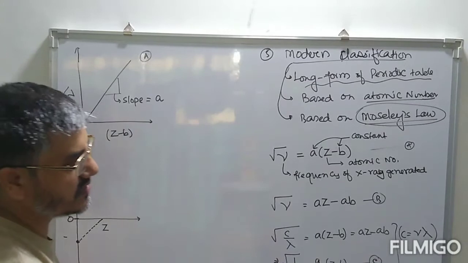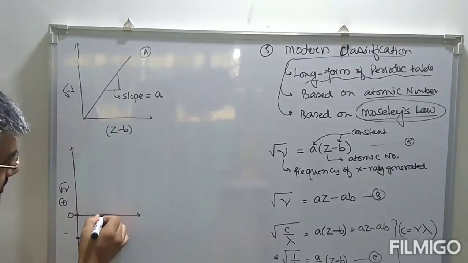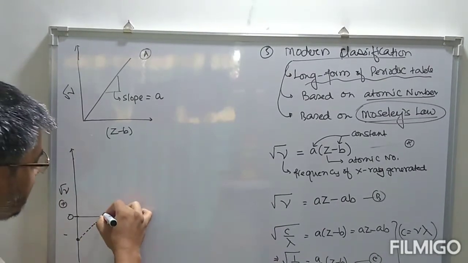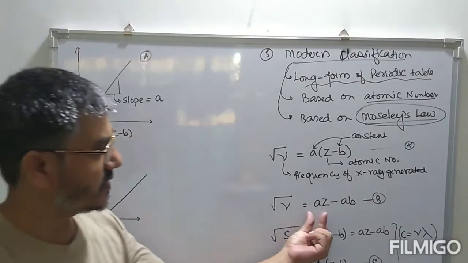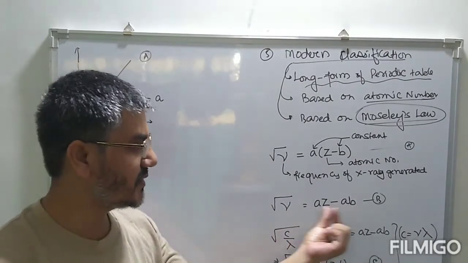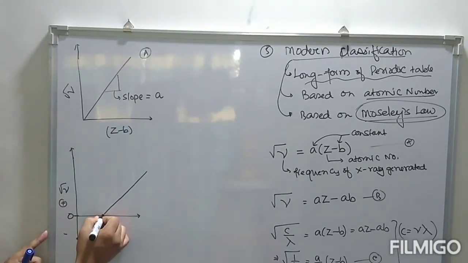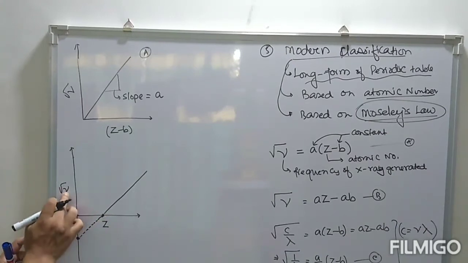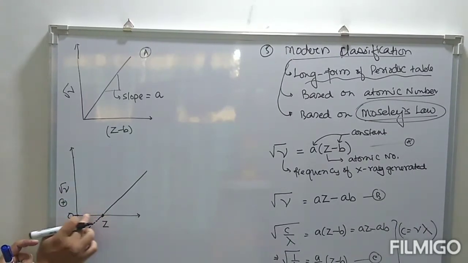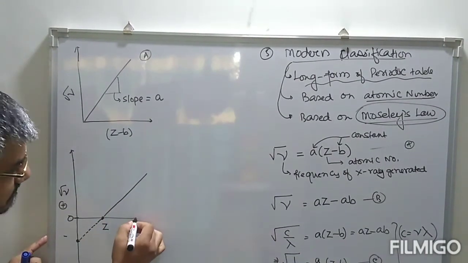Ultimately a stage comes when AZ equals AB, so frequency comes out to be 0. Then finally it increases, since the value of AZ is greater than AB. At this point frequency is 0, before this frequency is less than 0, and beyond this frequency increases.